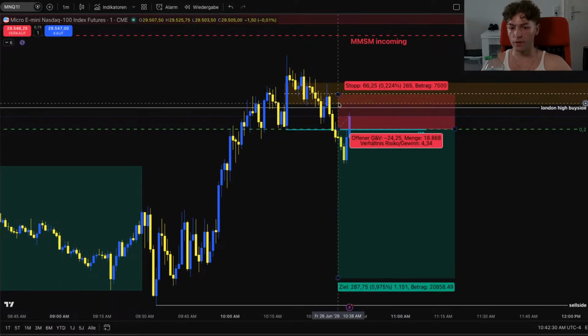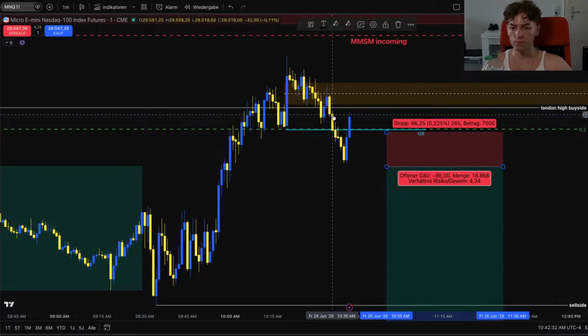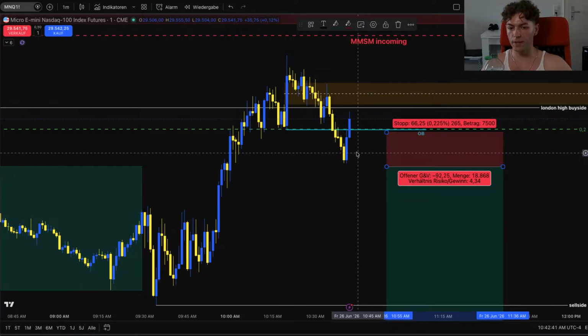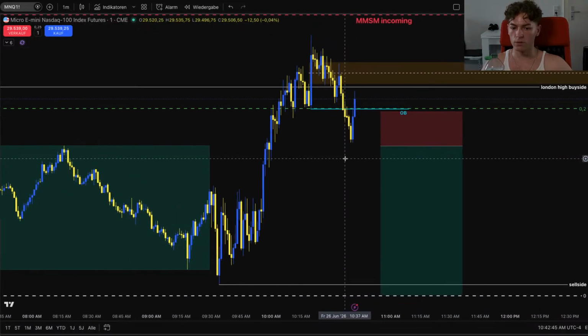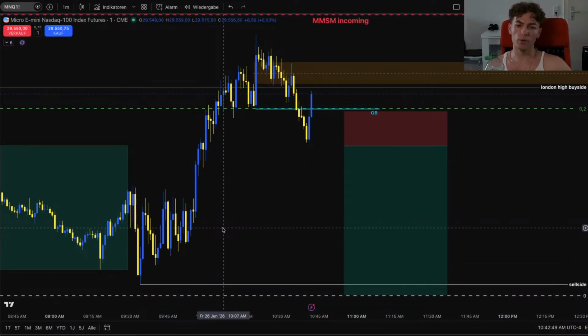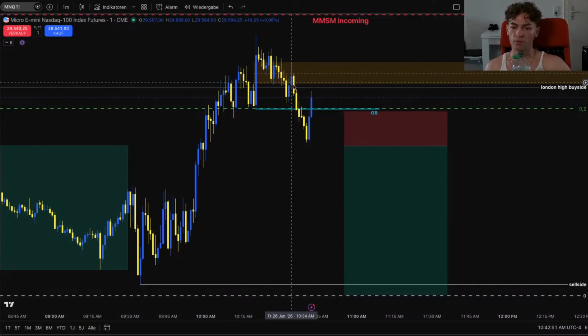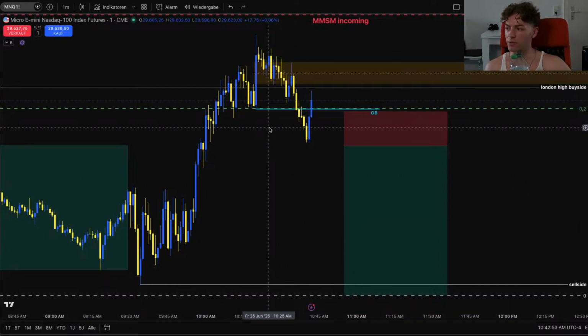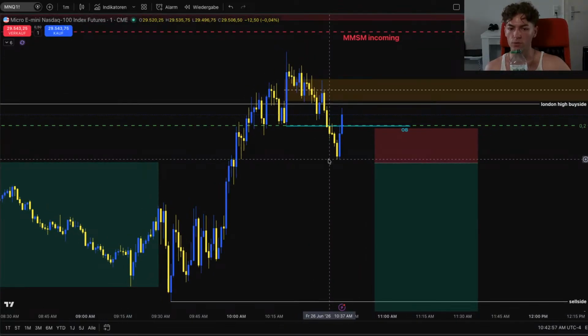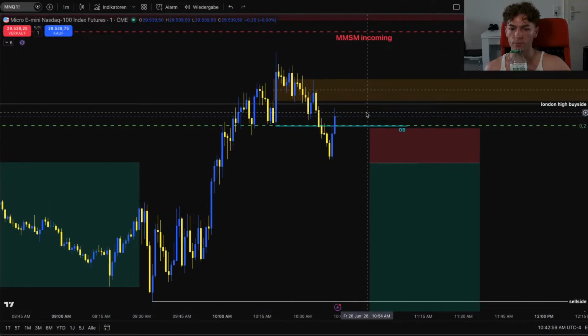If it is going to respect this order block and this order block and maybe this inversion fair value gap and then rolls over, I think we are going to get a pretty nice fair value gap that will take us into these lows in here. But we will see. So far we have high resistance and I don't want to trade in high resistance, okay? So that's why I'm not already into the short setup.